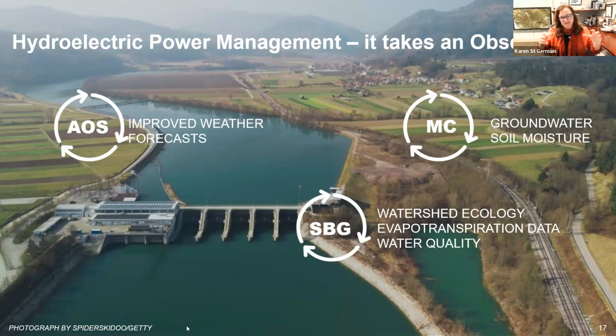You need all of these advanced measurements and the modeling to get to the kind of services that the manager of this dam could best make use of in their day-to-day decisions. And this is just one example to illustrate how all of this work comes together.